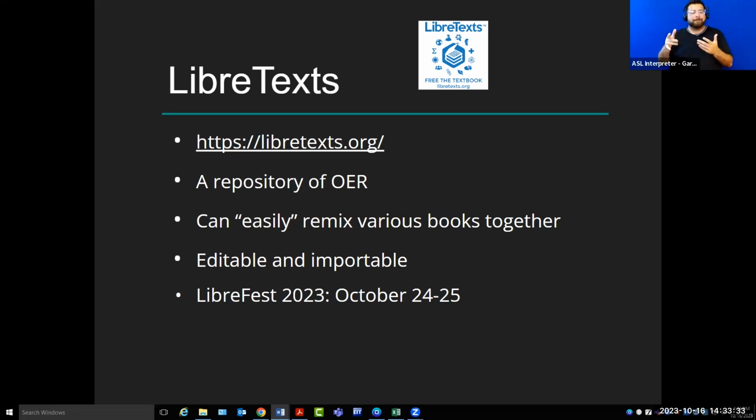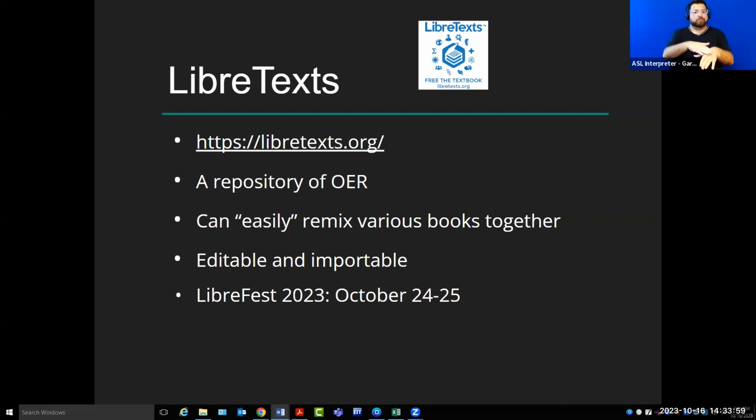I am not an expert in LibreText, but I know at least on our campus, we have a number of faculty who are using LibreText books, and once you get over the hump of being able to figure it out and master it, they seem to really like it. There's a learning curve in using it. So I'll just caution you.